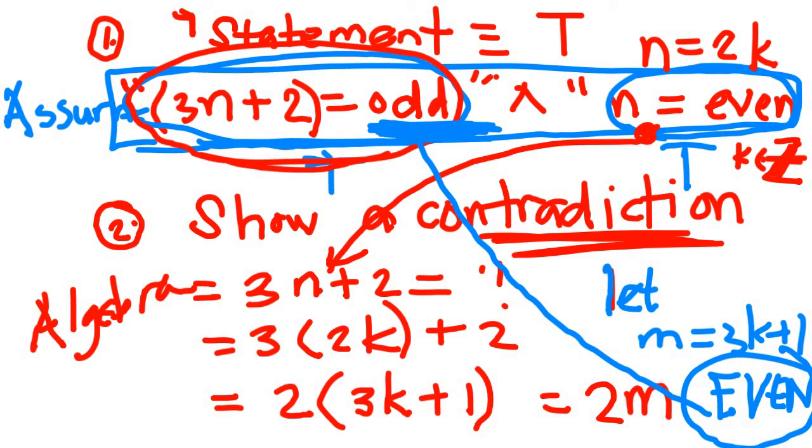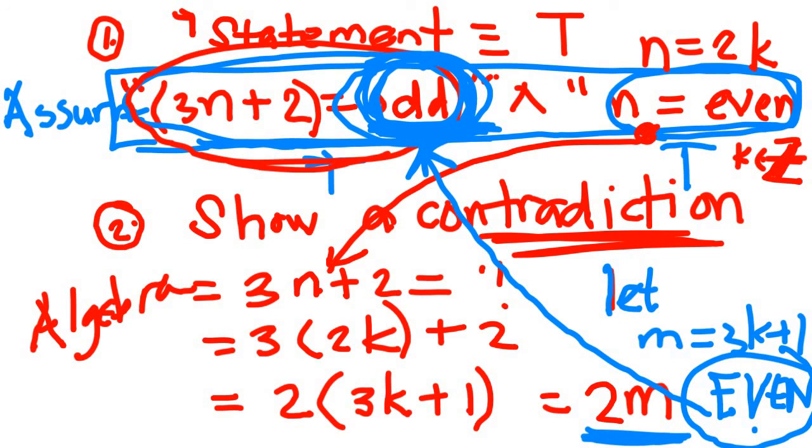So we have shown, based on algebraic manipulation, that 3n + 2 is even, and that contradicts the initial assumption that this number is odd.